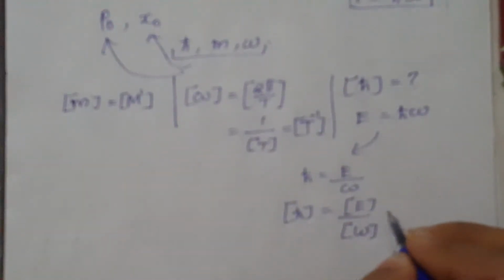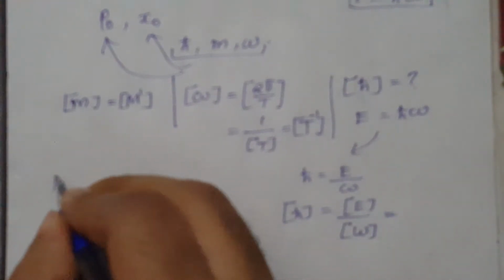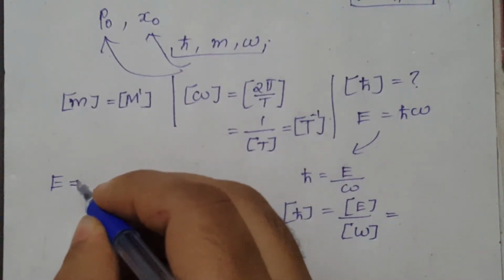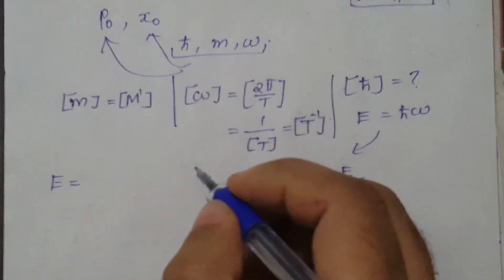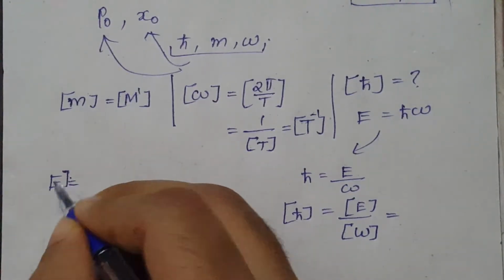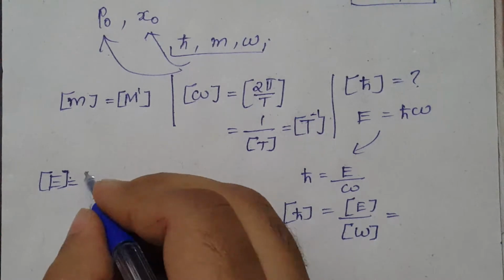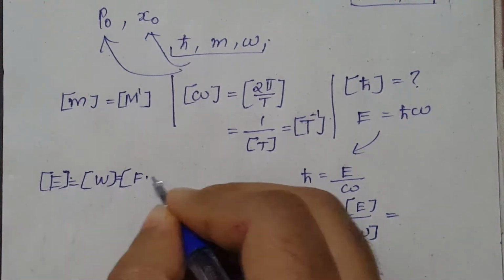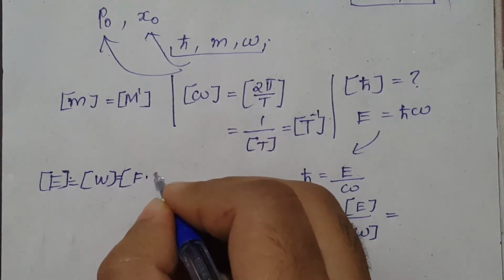Now what is the dimension of E? E is the work done, and work done has the same dimension as energy. So the dimension of E is equivalent to the dimension of work done, which is force into distance, call it s.